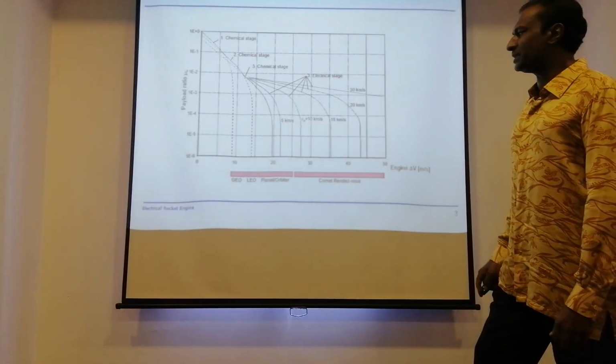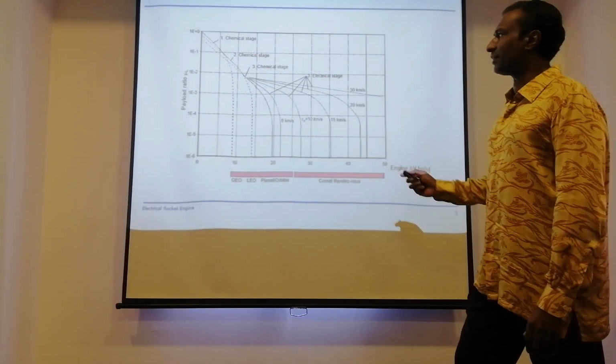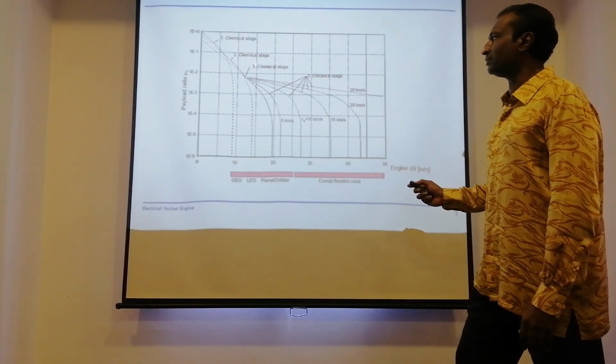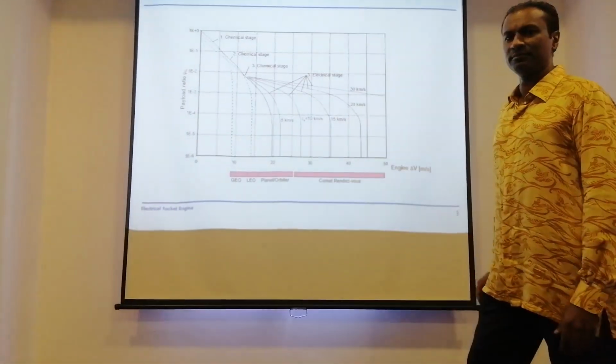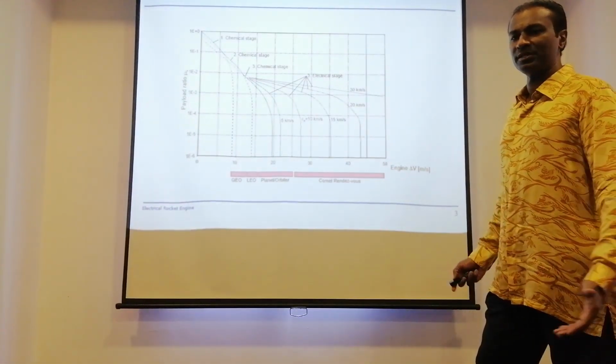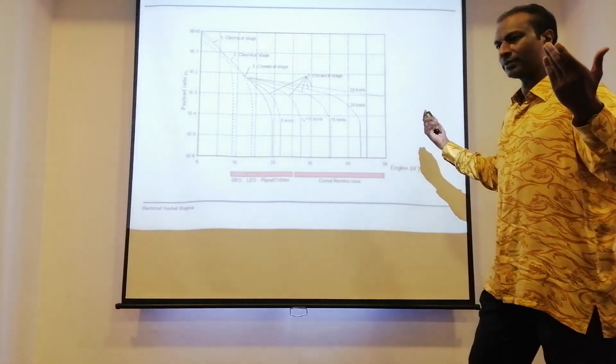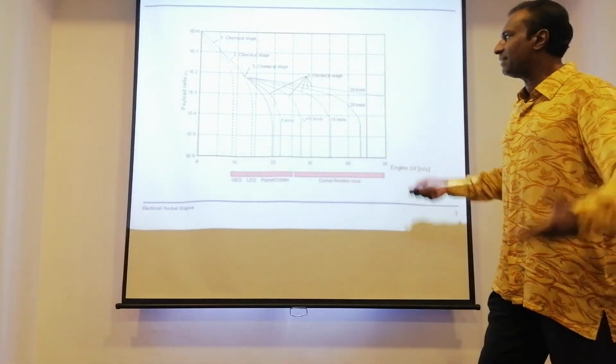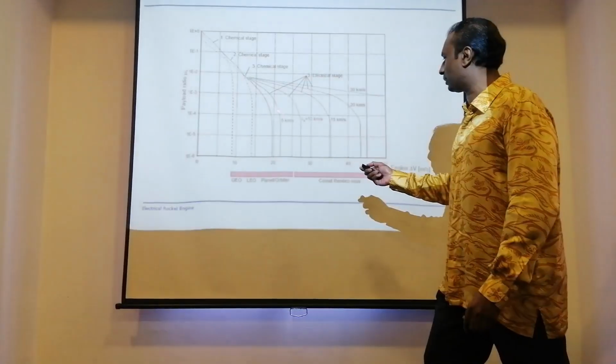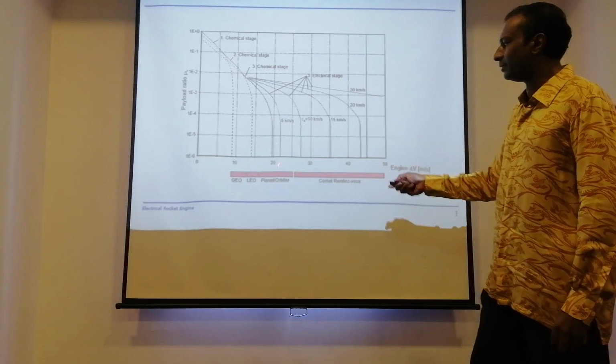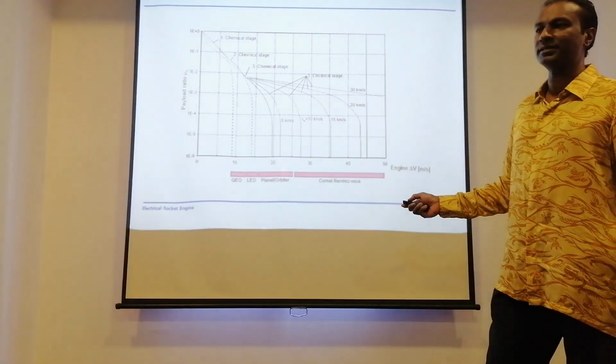So for Earth-oriented missions, yes, chemical stage 1, 2 and 3 is good enough. Delta V is good enough to take us out of planet Earth. But unfortunately, they are not good enough when they want to come to here, because they die. This is the maximum they could give you.